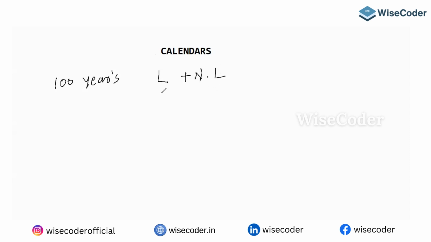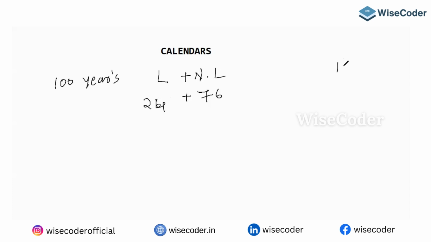So if you try to figure out how many leap years and non-leap years, you will get 24 leap years and 76 non-leap years.